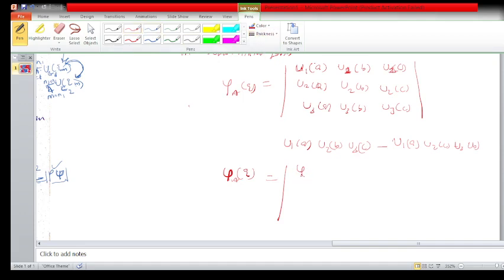For this case we can consider the single particle wave function as U and the total wave function as psi A. Then we can write this as Ui of A, then Ui of B, or in general I can write this in number form: Ui of 1, Ui of 2, Ui of 3 and so on up to Ui of n, and then we have Uj of 1, Uj of 2, Uj of 3 and so on, Uj of n.